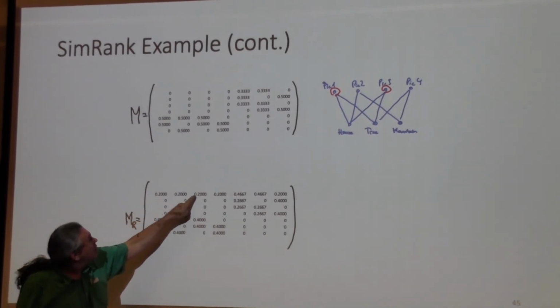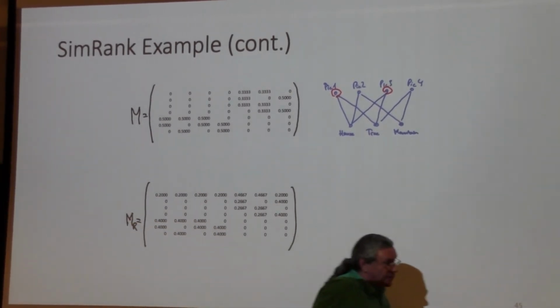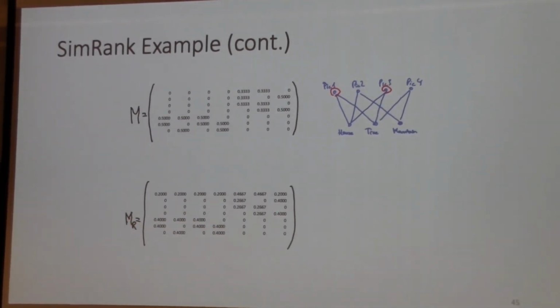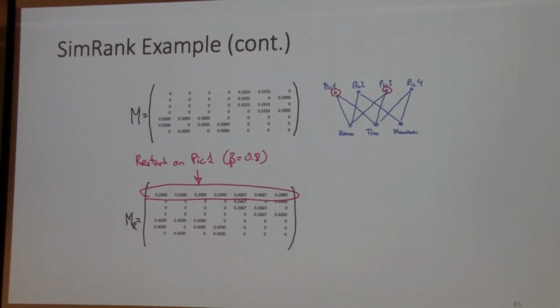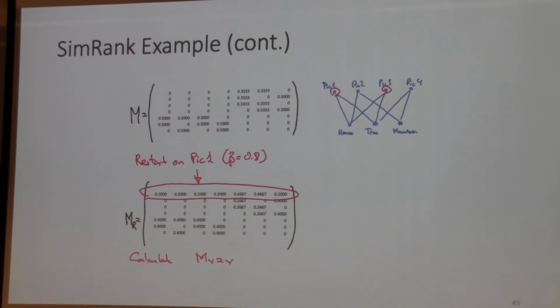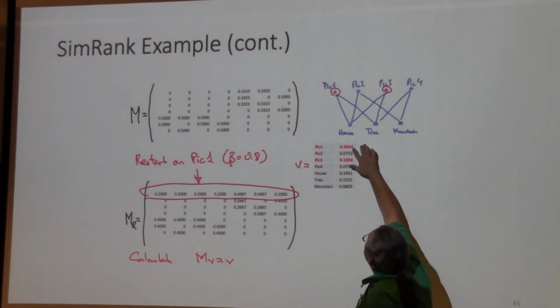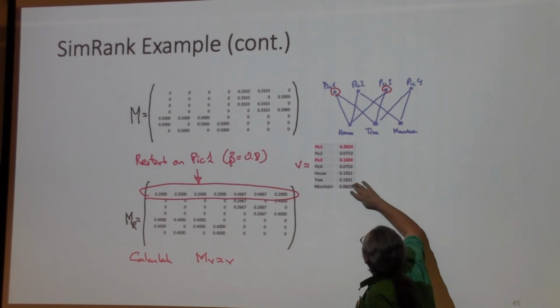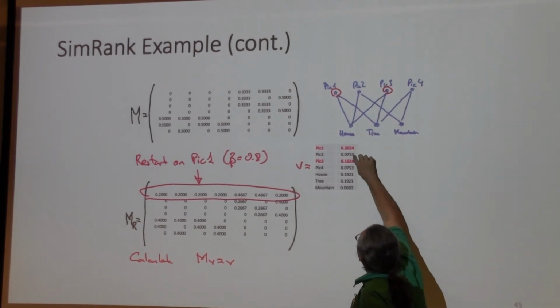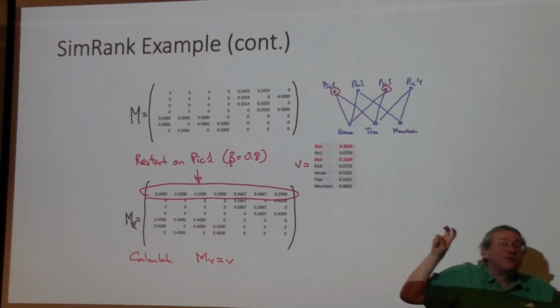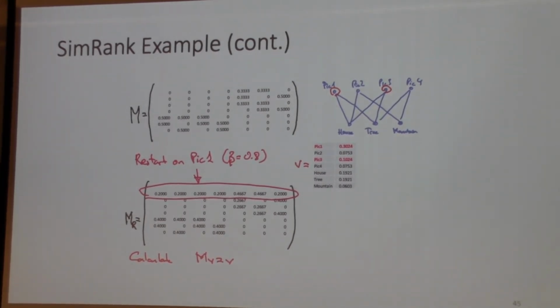And so you're basically doing PageRank with a teleport only to one of the nodes. And then you can get some values. If you look at the values here, you can see picture one has some value, but the highest value of the pictures is picture three. So picture three is the closest to picture one.